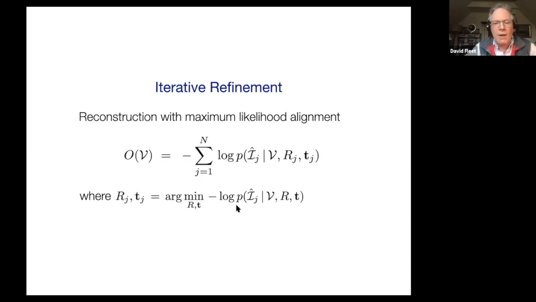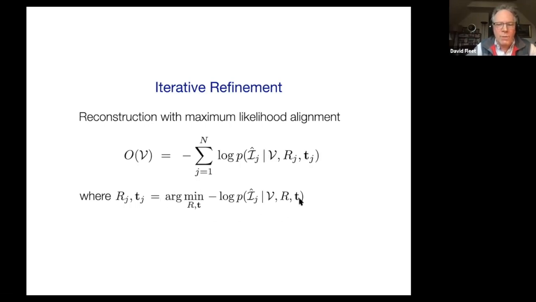So what we're going to do now is switch to the following result. We're going to be optimizing this function, which is the negative log likelihood of the image given the density model, which we're trying to find, and given the best possible orientation and translation between the current best guess about the 3D density and our images.